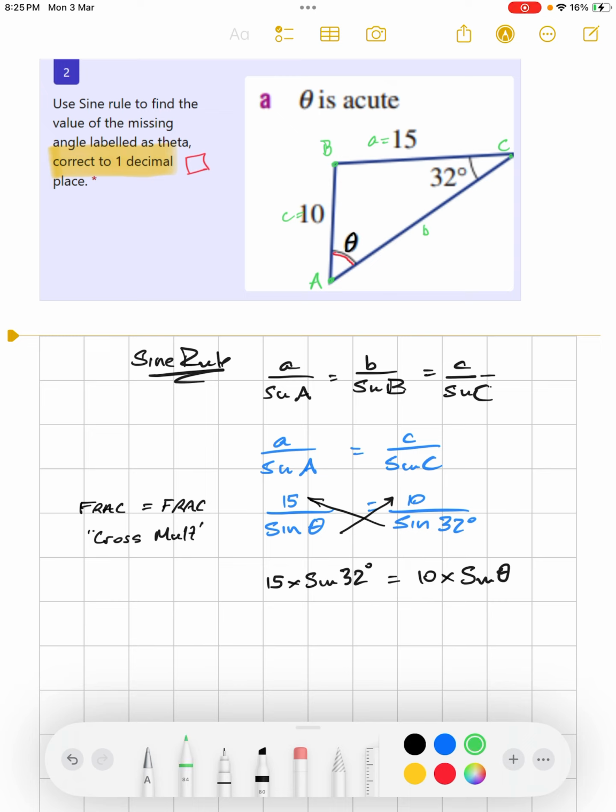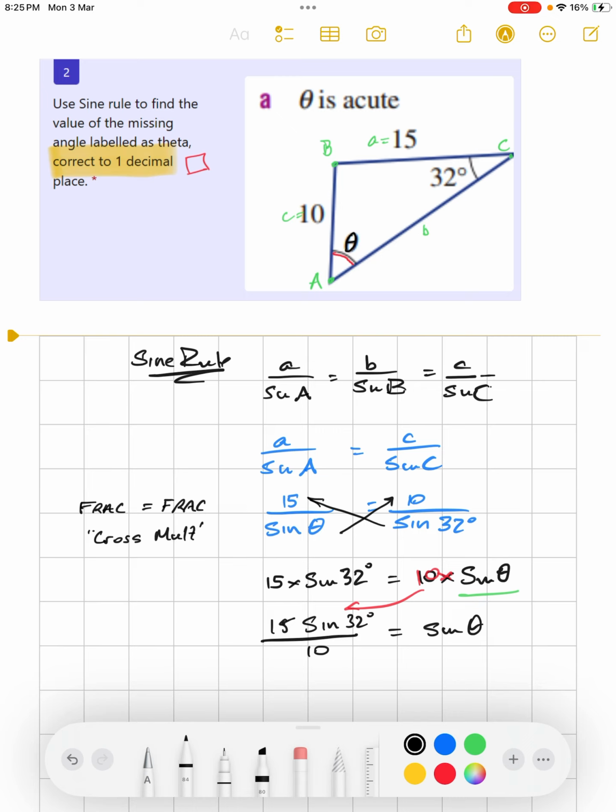Now this is what we want, so I'm going to take that times 10 and put it on the other side to be divide 10. So it's going to go 15 sine of 32 degrees divide 10, and that's what sine of theta is.